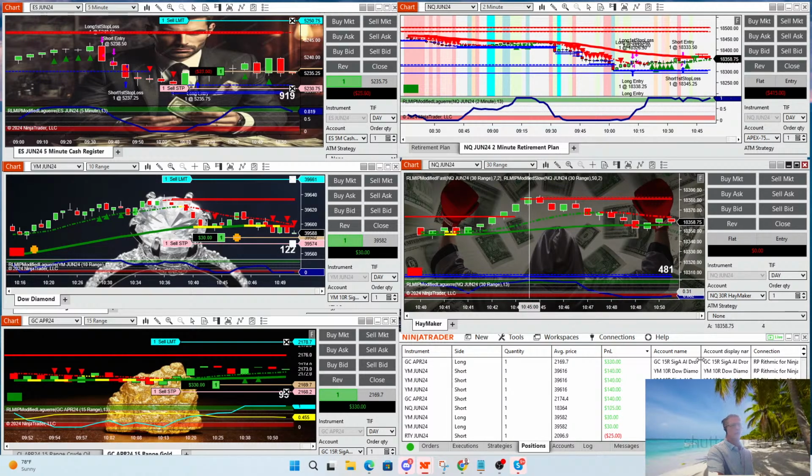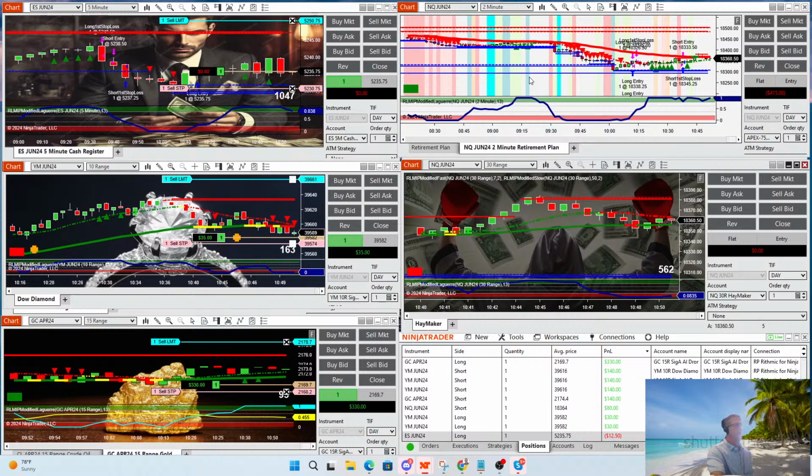For these signal A's to pop in, we need that roll to the downside on the NASDAQ.